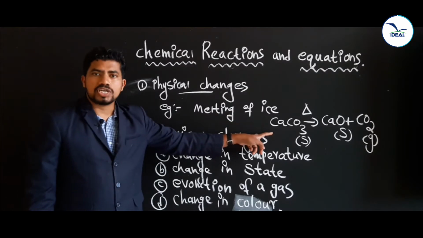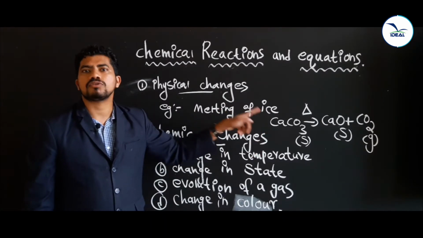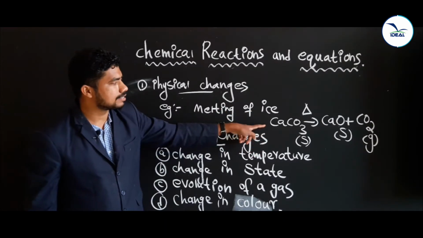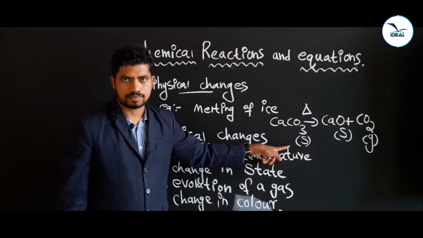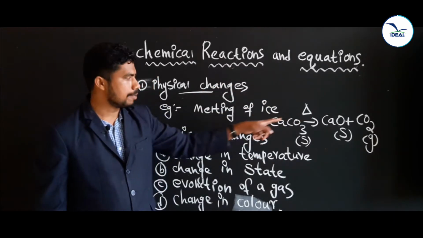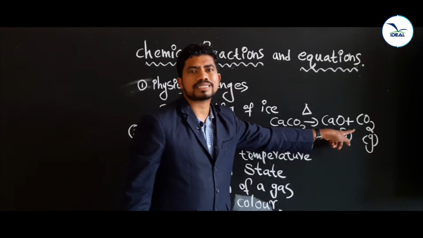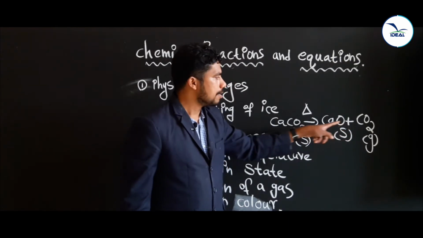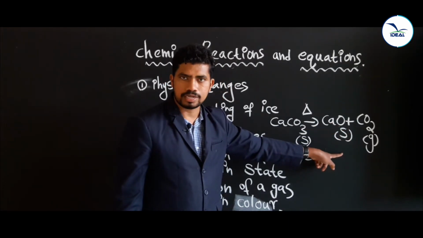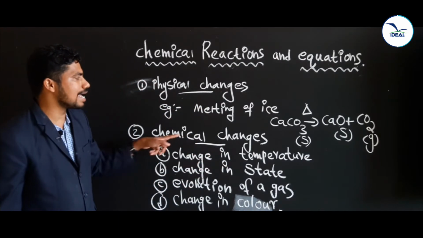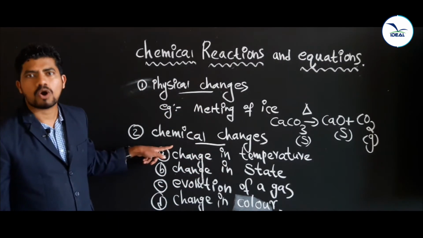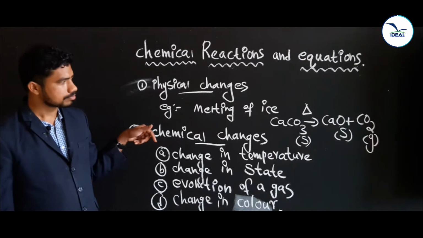It is a chemical change. It is a chemical reaction where the reactant exists in the solid state. But what about the products? One of the products, carbon dioxide, is a gas, but the calcium oxide is a solid. So I told you, change in state is a characteristic of a chemical reaction.